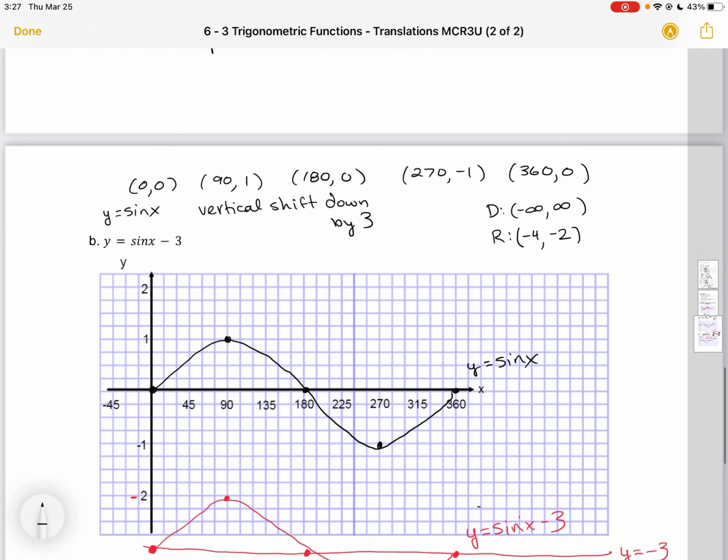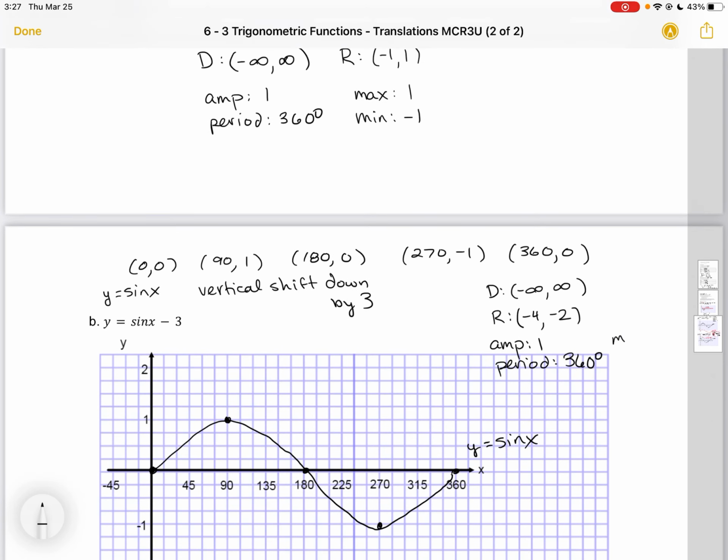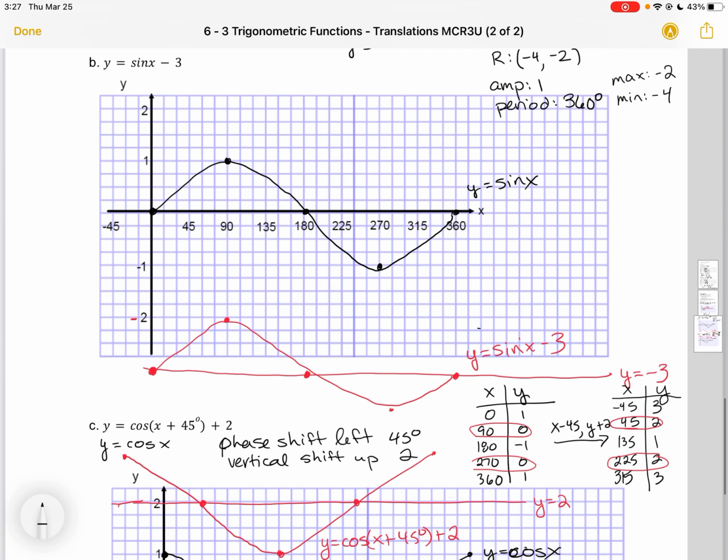What else are we listing? Our amplitude is still the same, we don't have any stretches. Our period is also the same, so 360 degrees or 2 pi radians. And our maximum value is just the highest value of our range. Our minimum value is the lowest value of our range.